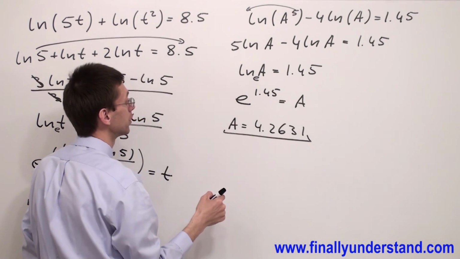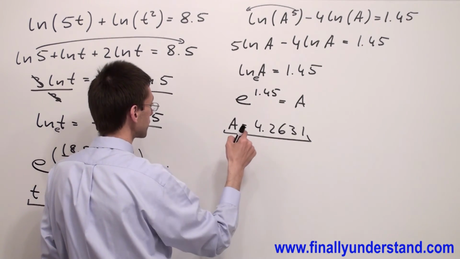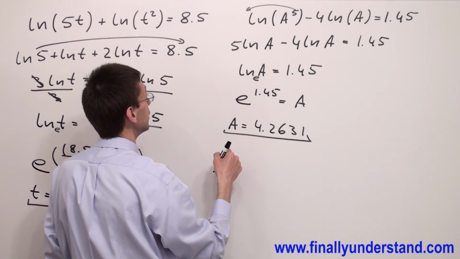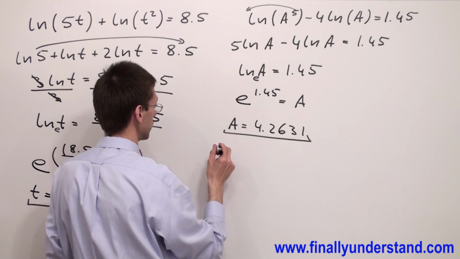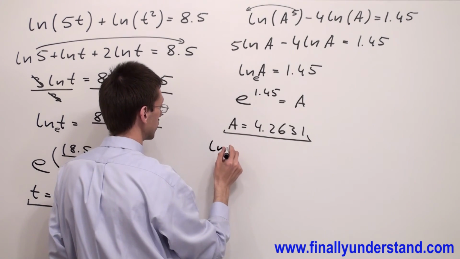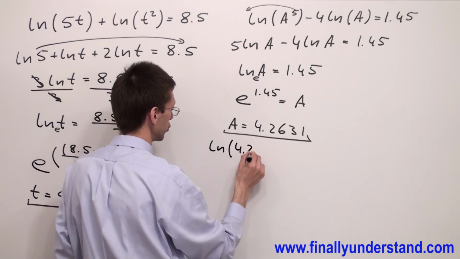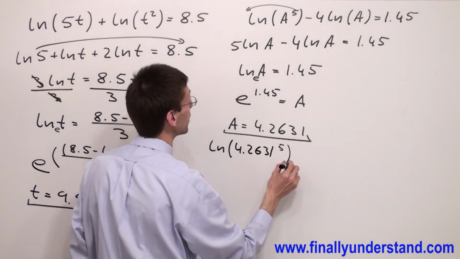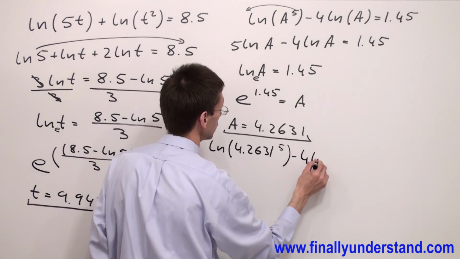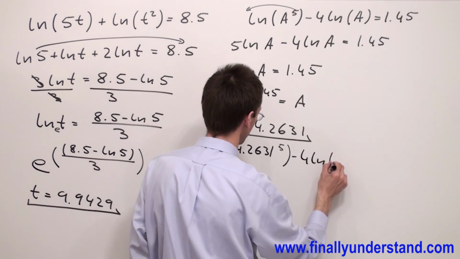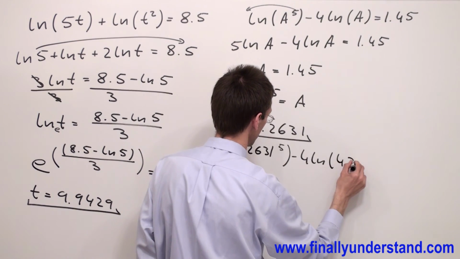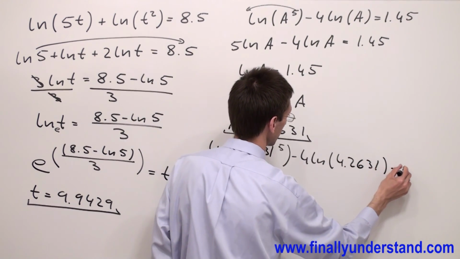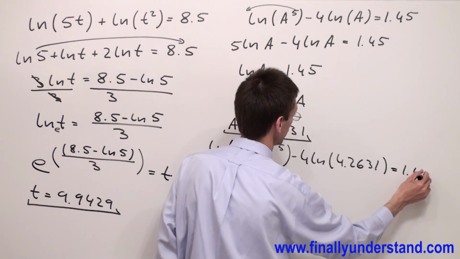If you want to verify your answer, simply plug in this value instead of a in the original equation. You are going to have natural log of 4.2631 to the 5th power minus 4 natural log of 4.2631 is equal to 1.45.